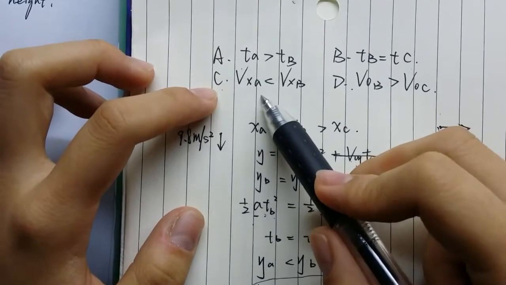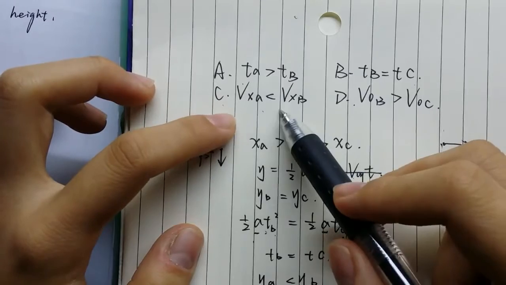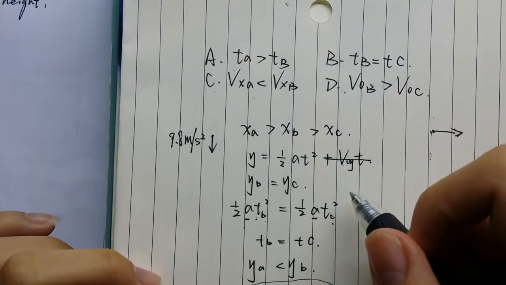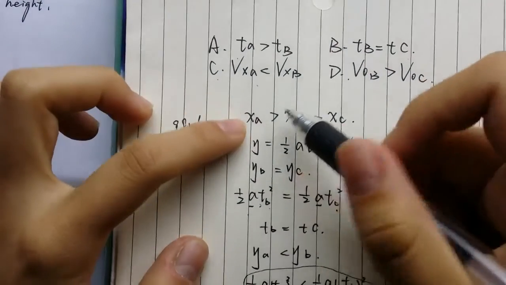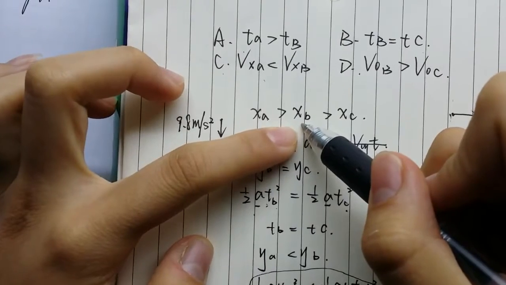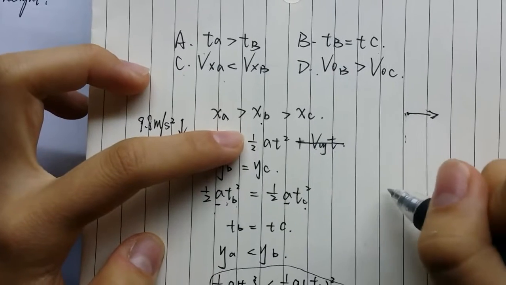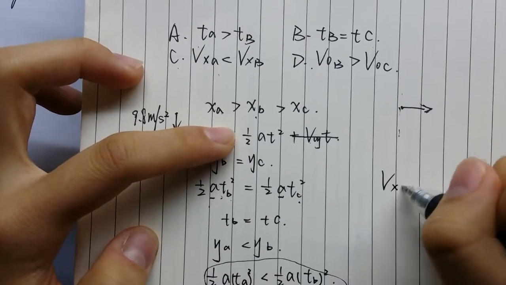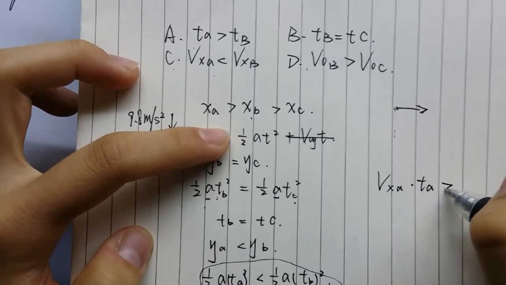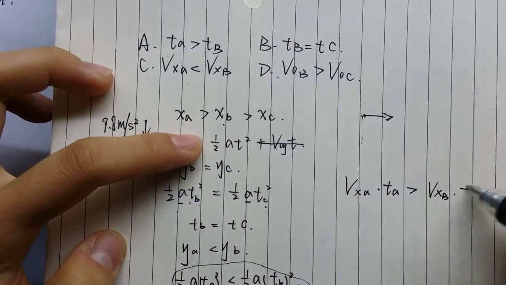For option C, VA smaller than VB. Because we know that XA is bigger than XB, we know that VXA times TA is bigger than VXB times TB.